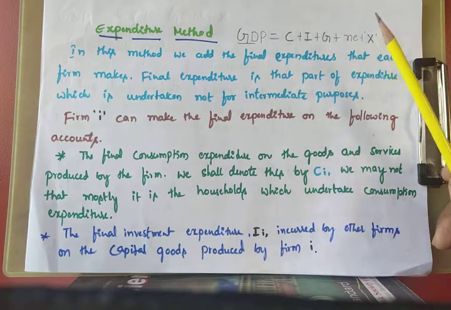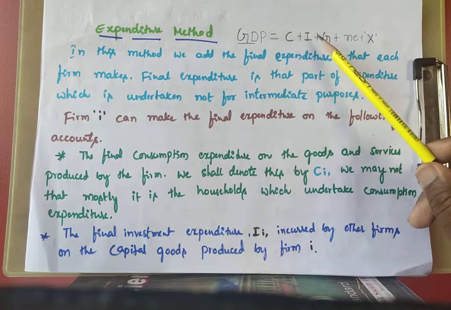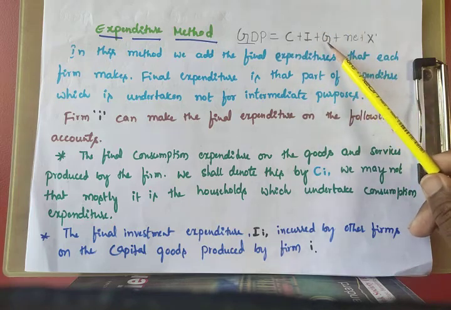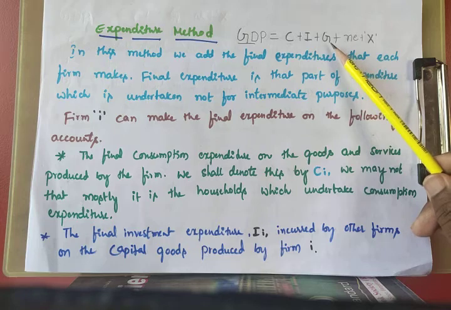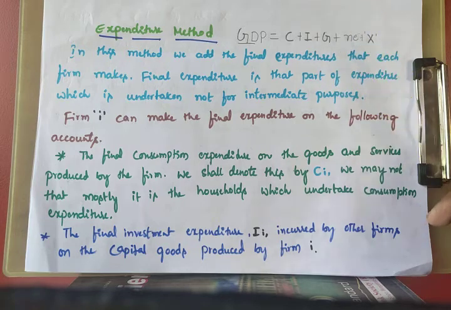To calculate, we need consumption expenditure, investment expenditure, the government's expenditure on both investment and consumption, and net X. Consumption expenditure means households, people, how much they spend in a year to purchase goods and services for the sake of consumption.